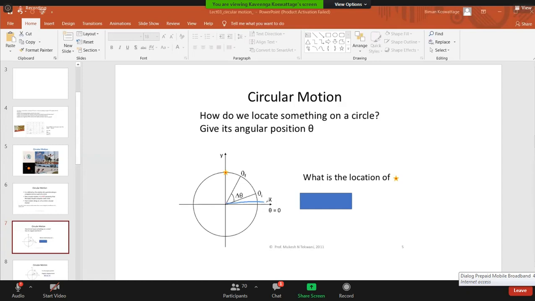This is the position where theta equals 0, and then we are measuring the angle. So can you define what is the angle using degrees and using radian? Right? So this is defined in radian.